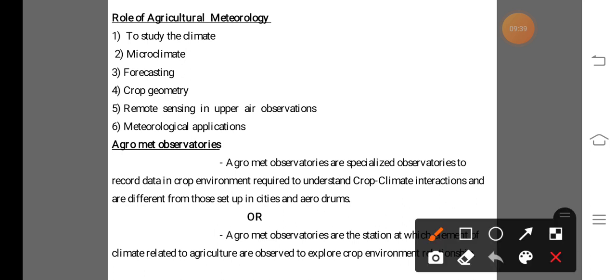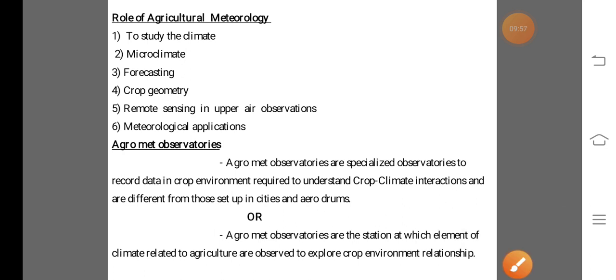That means the negative and positive impact of weather parameters on crops or on agriculture. It is found out by recording different weather parameters in the observatory. So this is known as the Agromet observatory.